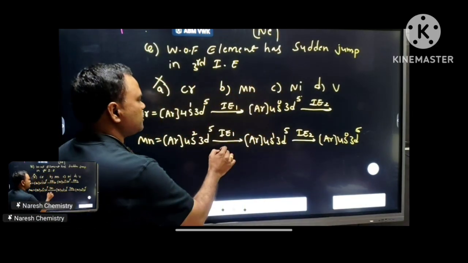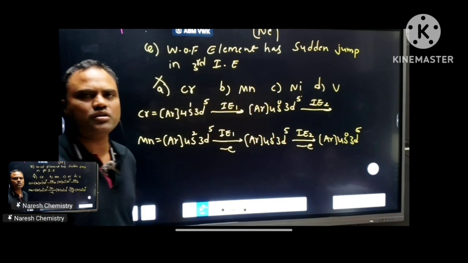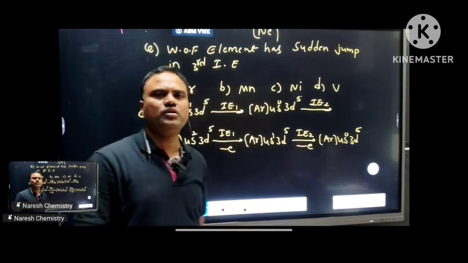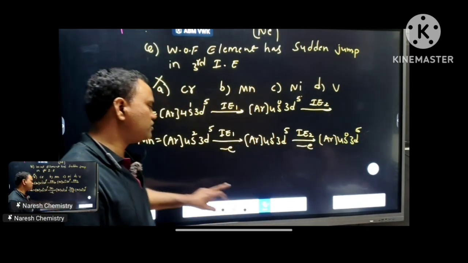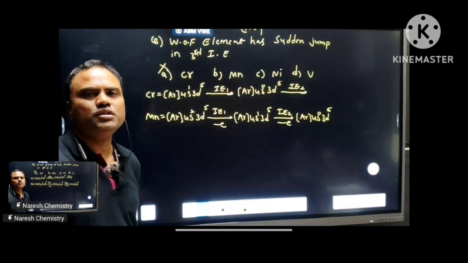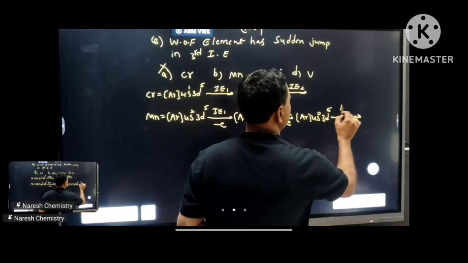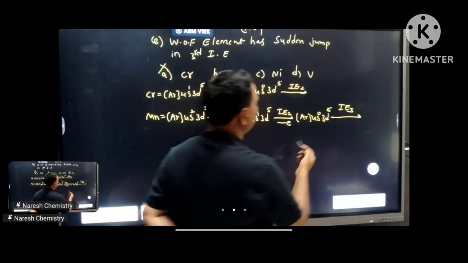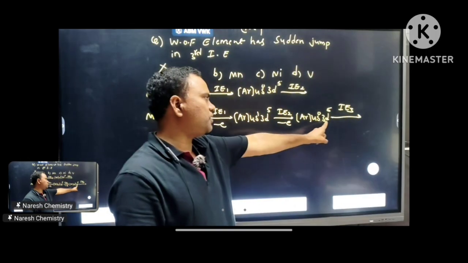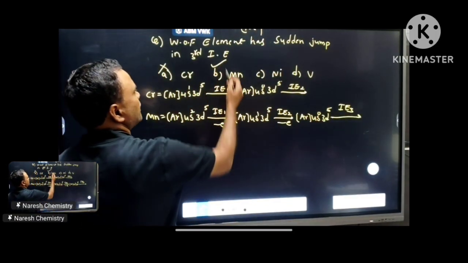See, here one electron is removed, here one electron is removed. We remove two electrons, and after removing two electrons we got a stable configuration. So its third ionization energy is very, very high, and a sudden jump in the third ionization energy takes place. In order to remove the third electron, we should apply more energy because it is a stable configuration. So the answer is manganese.